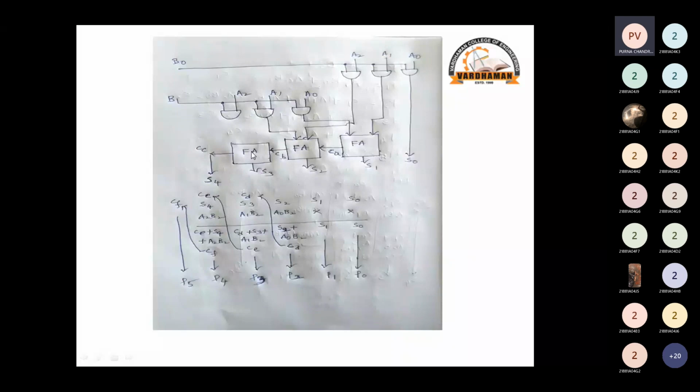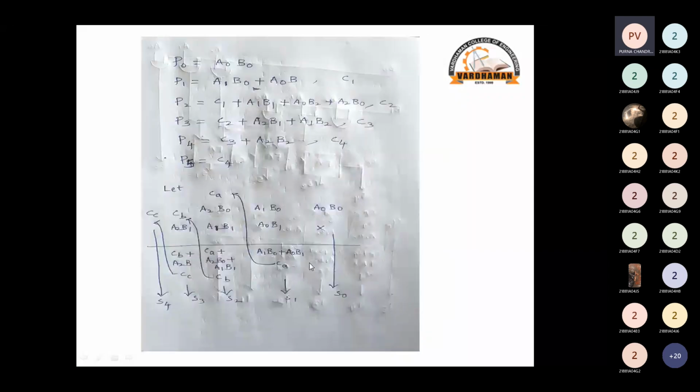Now after drawing like this, consider the first full adder. Even though it has 2 bits, let us consider a full adder only. Nothing to worry about, the other input will be 0.